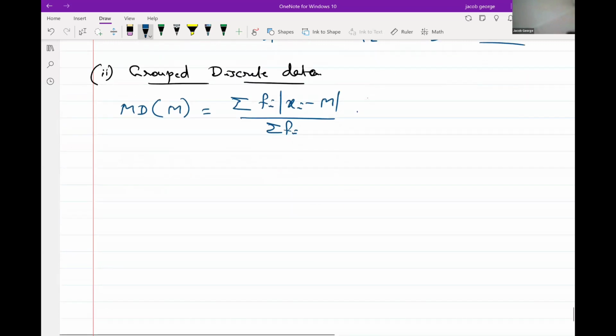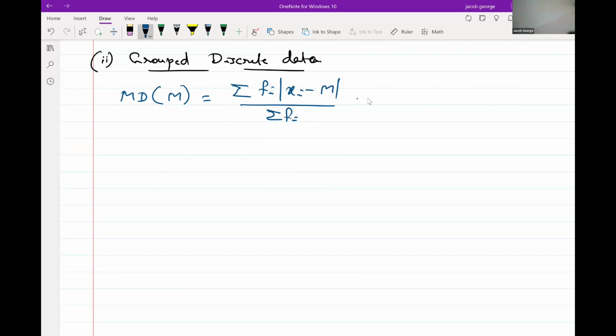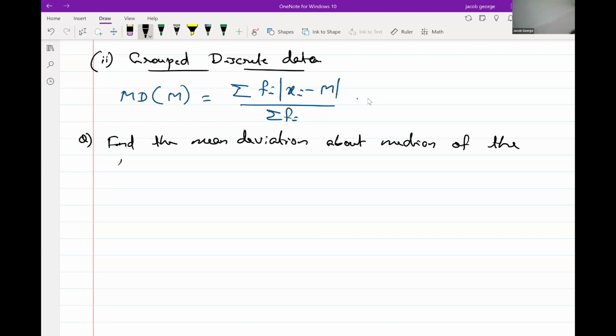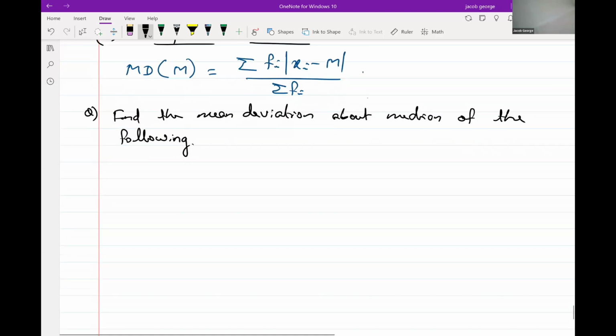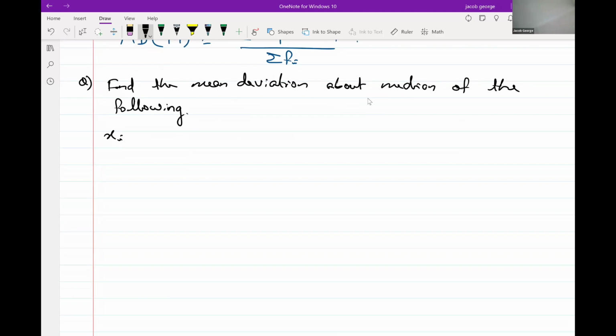Find the mean deviation about median of the following. These are the data, xi and fi.